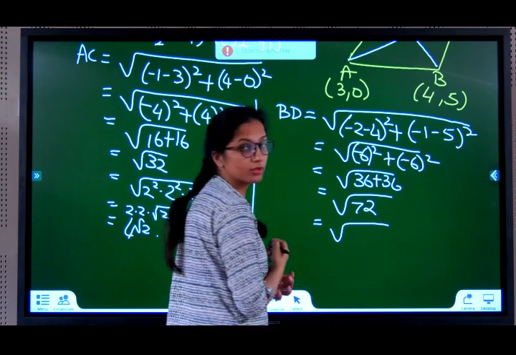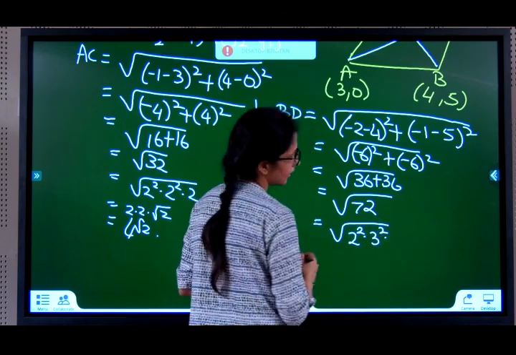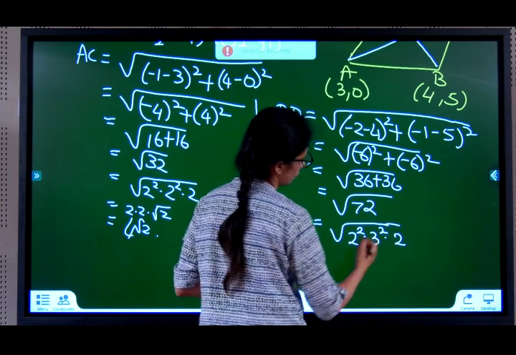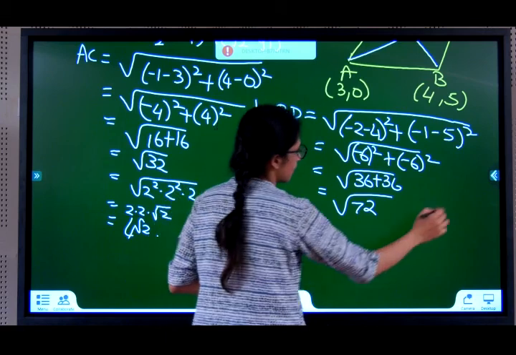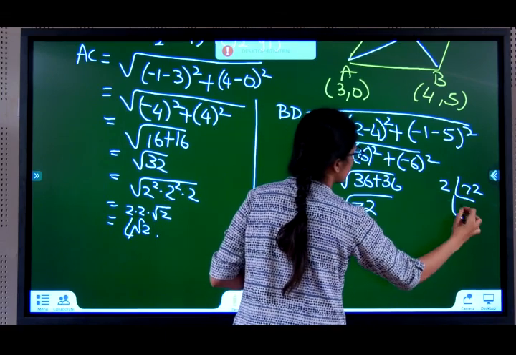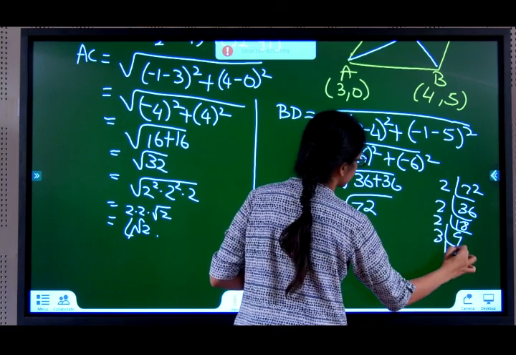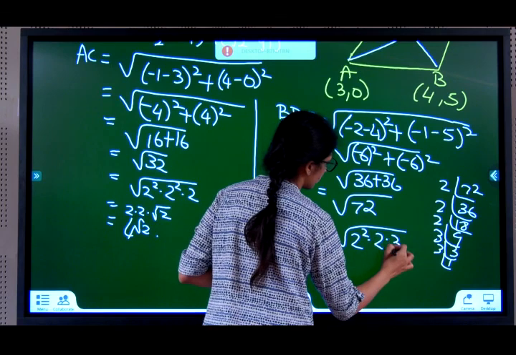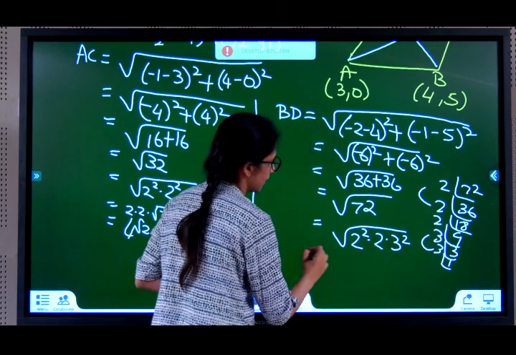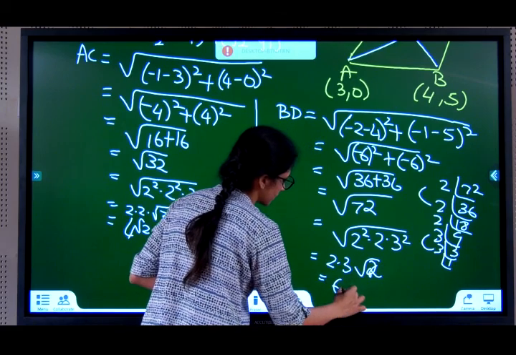Let's just check once: 72, 2 36s, 2 18s, 2 9s, 3 3s. So you get 2 square into 2 into 3 square. Group in pairs, so 2 and 3 come out, root 2 is left here: 6 root 2.